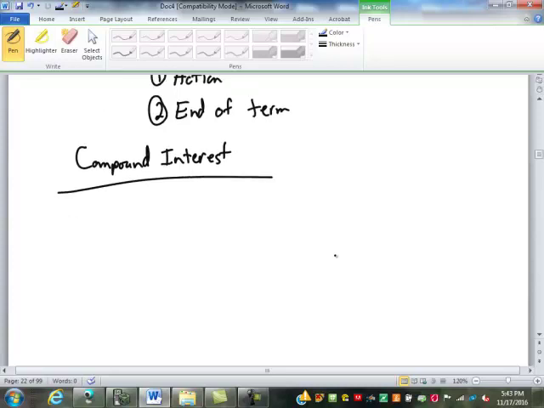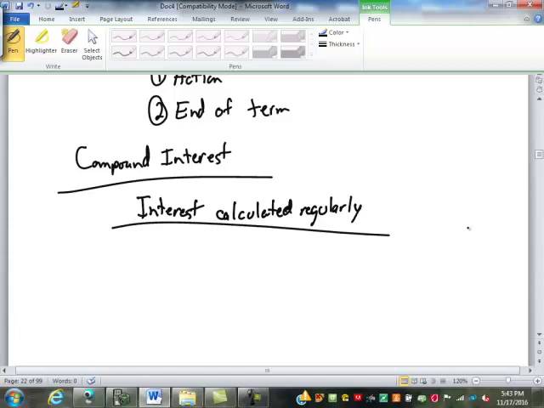So anyway, compound interest, they figure out the interest on a regular period of time. So interest is calculated regularly. How often depends on, of course, the terms of that investment or note or whatever you're looking at.